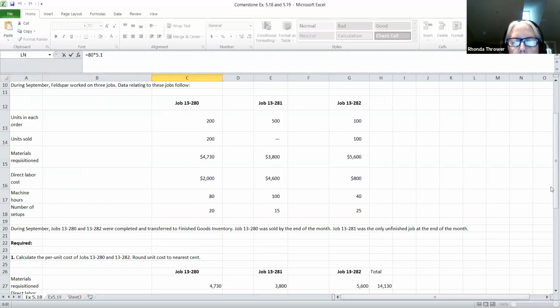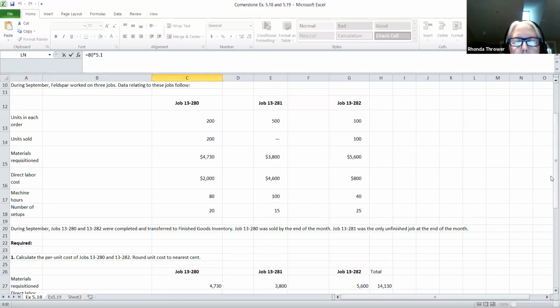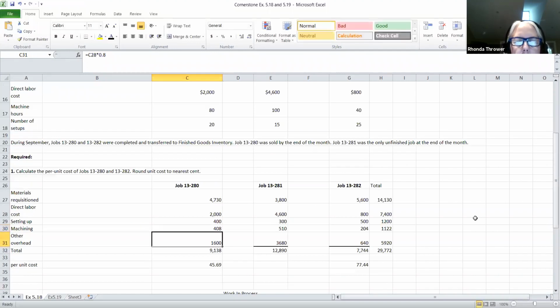You would multiply 80 machine hours times the machining rate per hour, and that will give you $408.